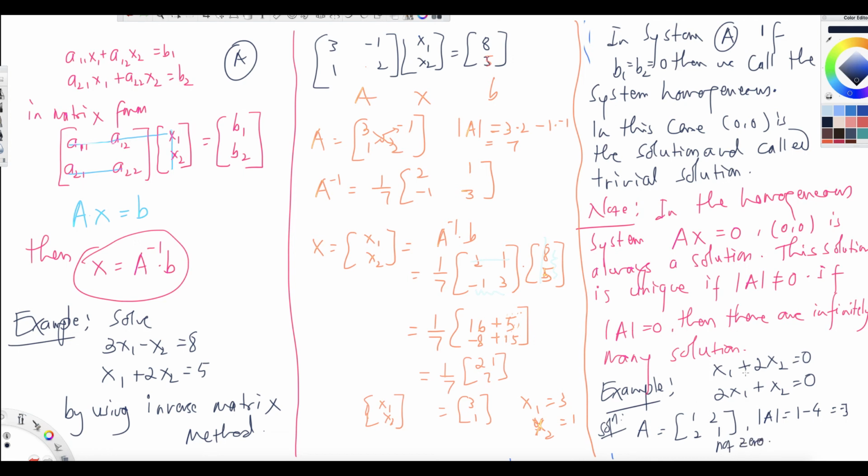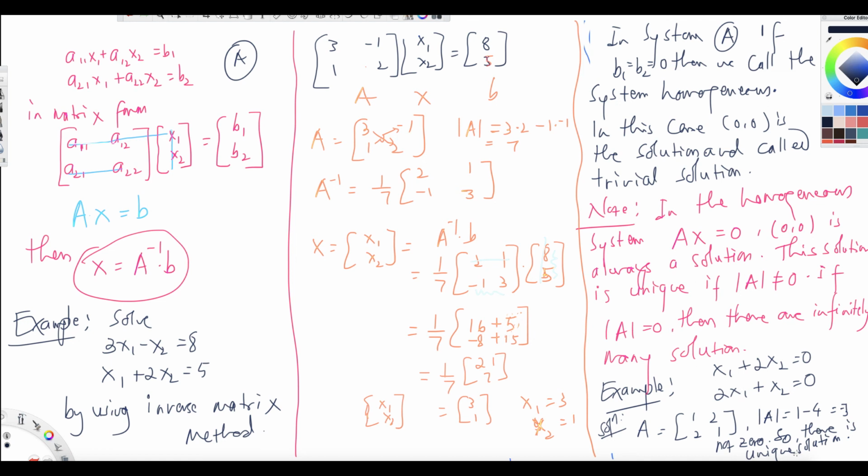So that means this system has a unique solution. Unique solution means only one solution. So what is that only one solution?